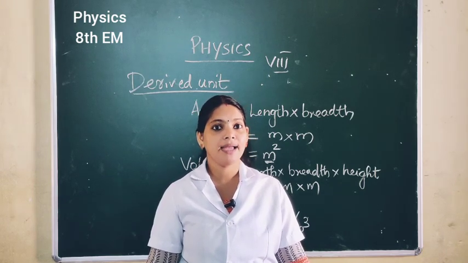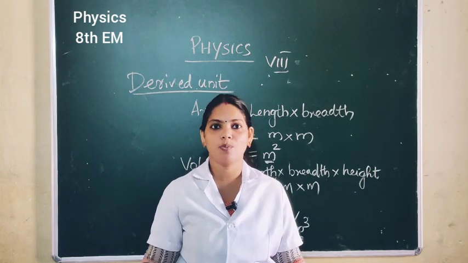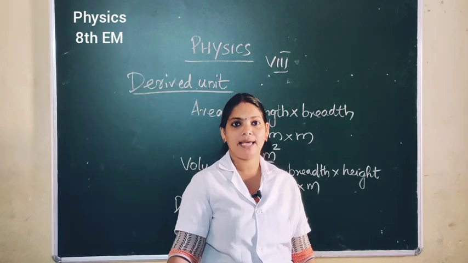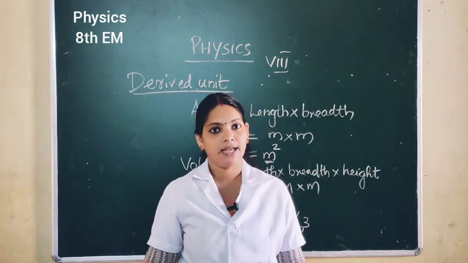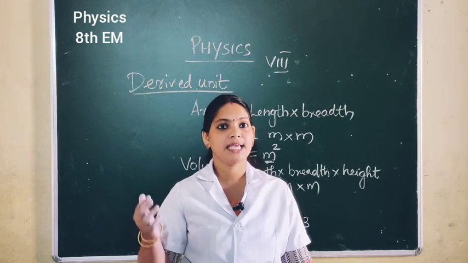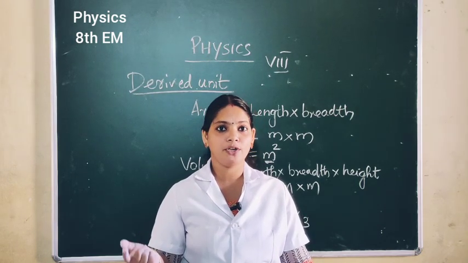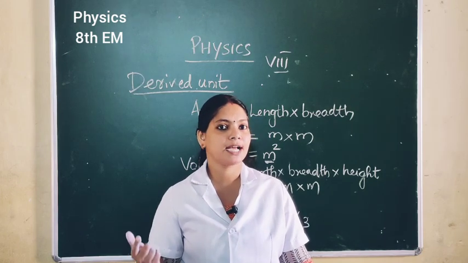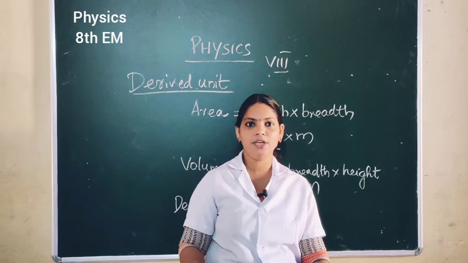Third, they are internationally accepted. They are accepted worldwide. So, what are the salient features? They are unified units, they are internationally accepted, and they are adequate to express all physical quantities. These are the salient features of SI units.